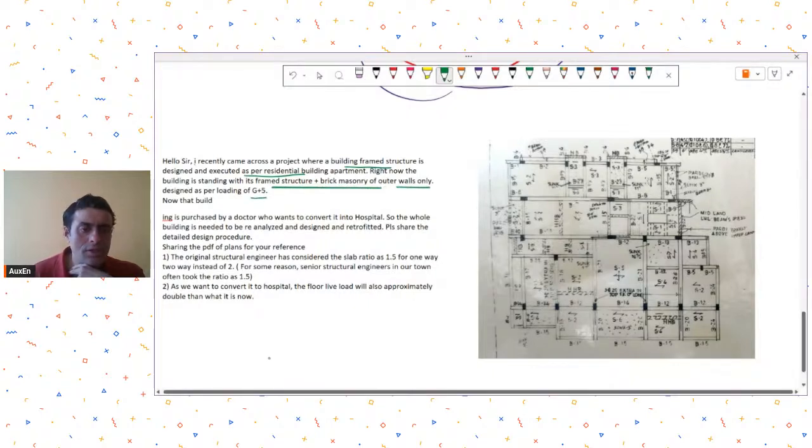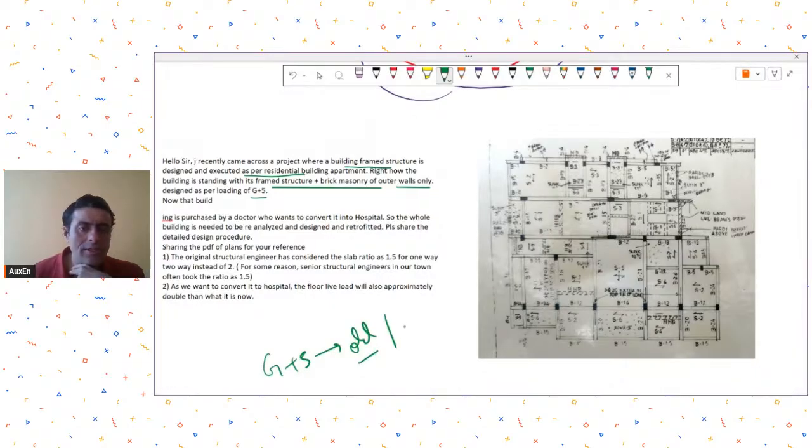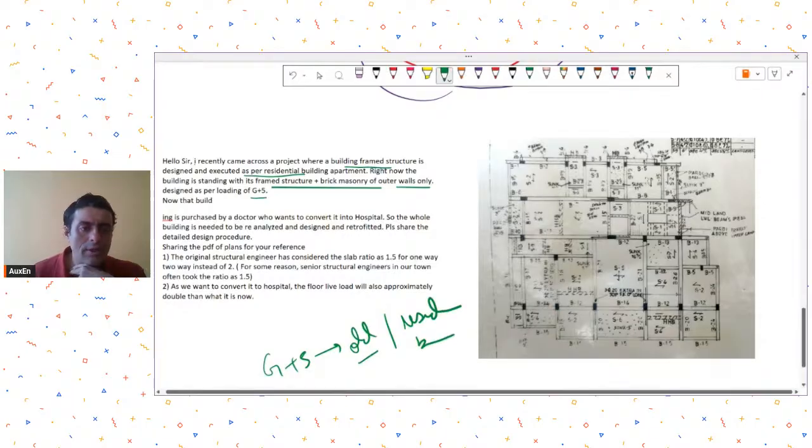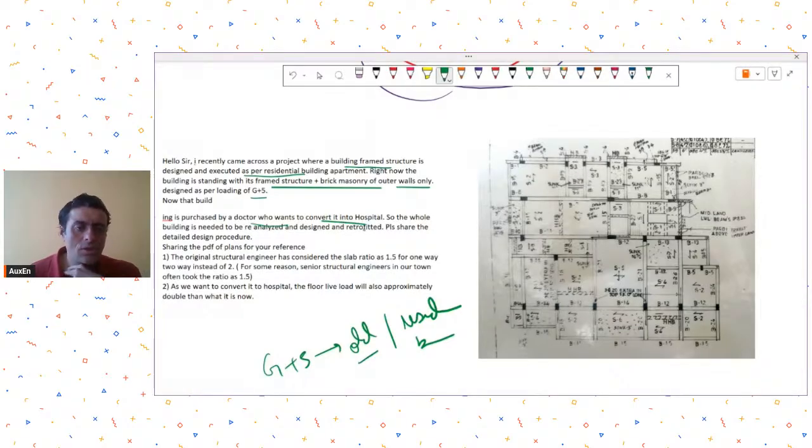It's a G plus 5 structure. This was an old structure designed as a residential apartment building, and now it has been purchased by a doctor who wants to convert it into a hospital. So the whole building needs to be reanalyzed, designed and retrofitted. Please share the design procedure.